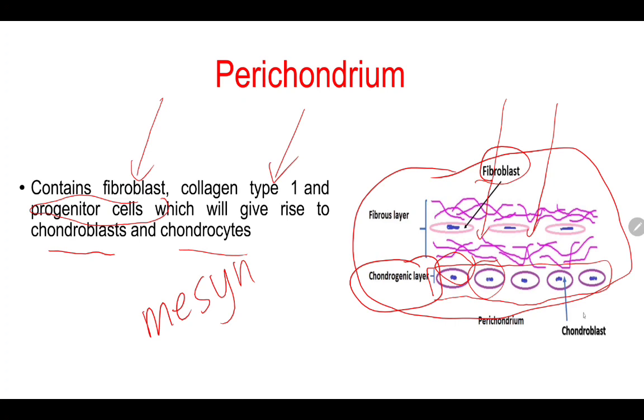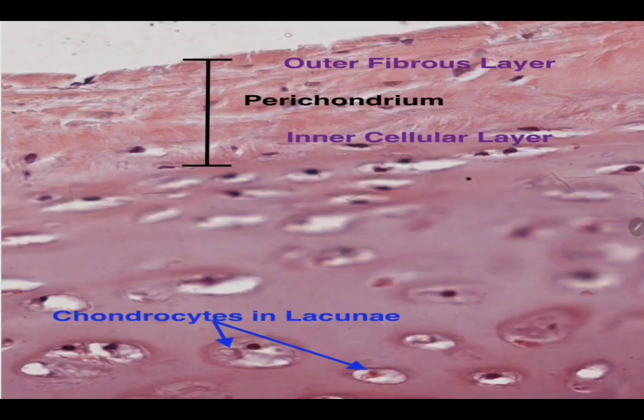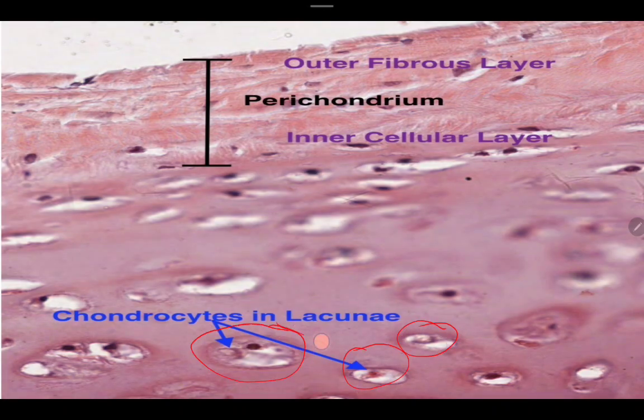So, let's take a look under the microscope. So, this is an example of a perichondrium as well as a cartilage. Okay? So, tingnan muna natin sa baba. So, you have your chondrocytes here, tama? That are held in place in their respective lacunae or lacuna pag singular. Okay? The perichondrium is made up of dense irregular connective tissue, no?